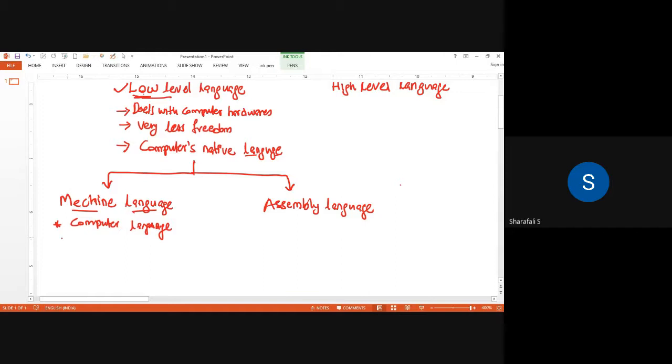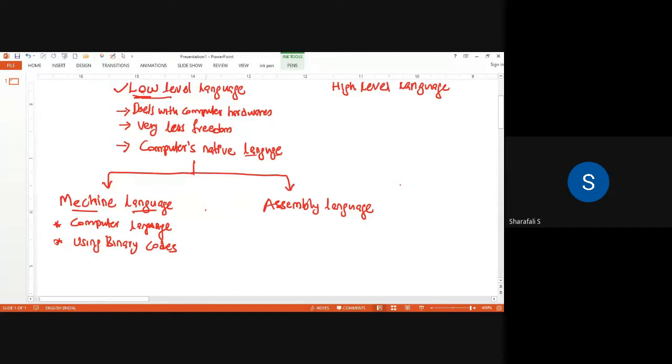Simply, this is using binary codes. So writing something in machine language is very difficult. You have to write binary codes if you want to write any program using machine language. And by using this machine language only, the CPU and all the other devices inside your system communicate with each other.